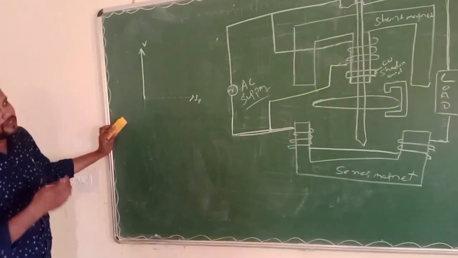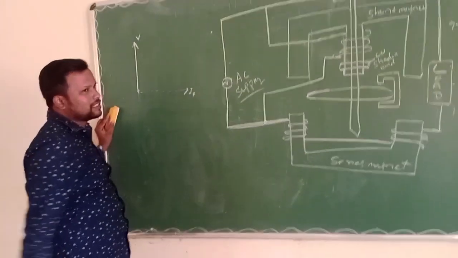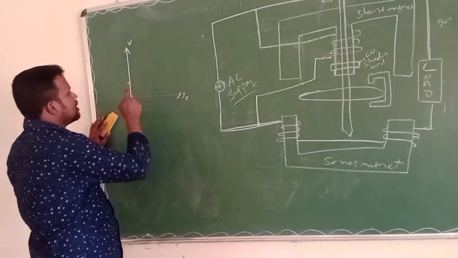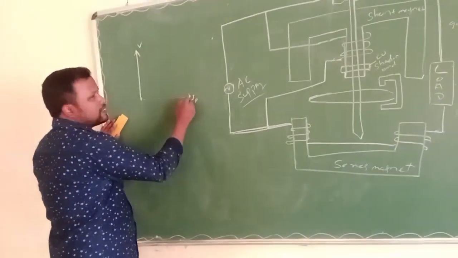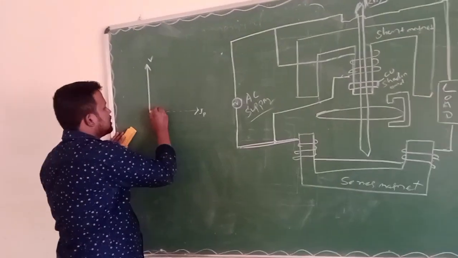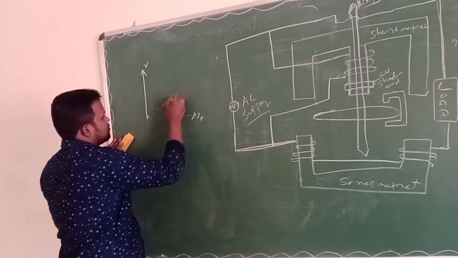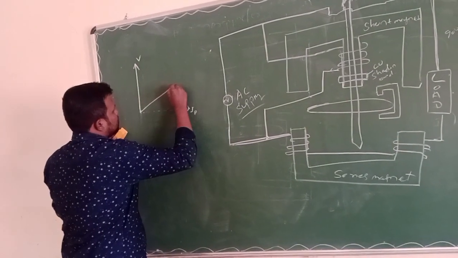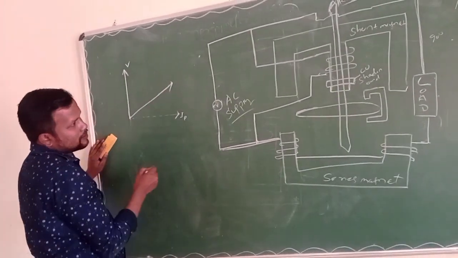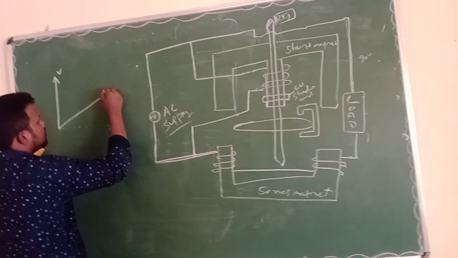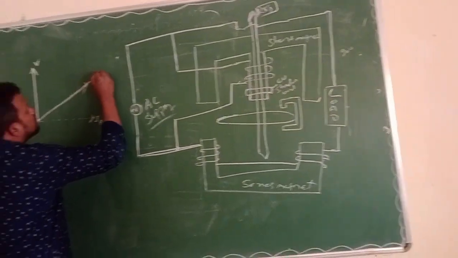But if it is not pure, then the pressure coil current IP has some phase lag. It is not pure, so it is a pressure coil.